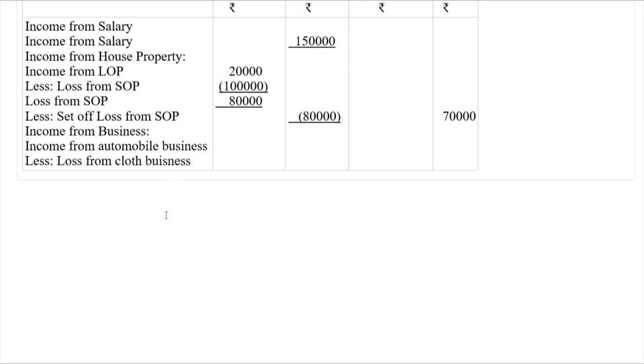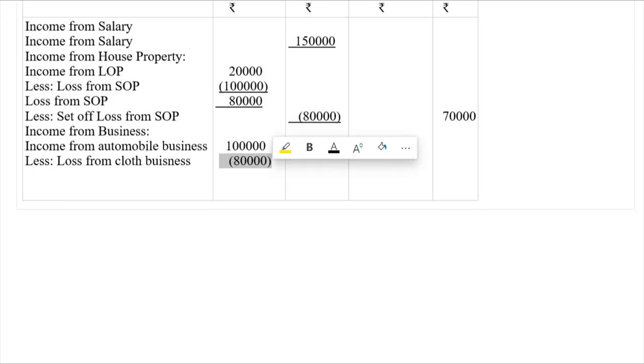So here in case of income from automobile business, it is given as rupees 1 lakh. So from this, let us subtract loss from cloth business. Loss from cloth business is 80,000. So the difference here is, let me underline this, the difference remaining here rupees 20,000.